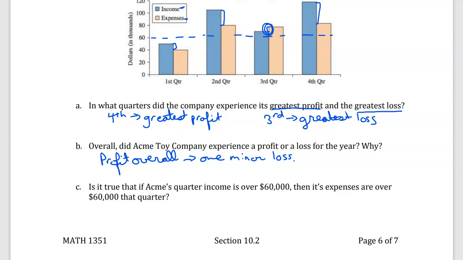Well, income is over $60,000, expenses are over $60,000. Income over $60,000, expenses over $60,000. So I would say, yes, that would be true. Wherever it's less, it's less. And that's how you interpret the bar graphs.